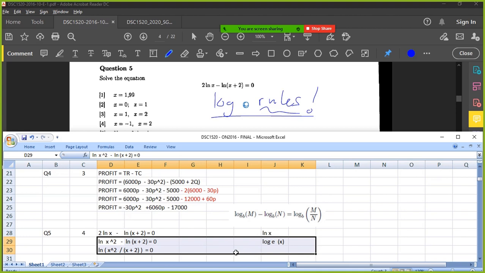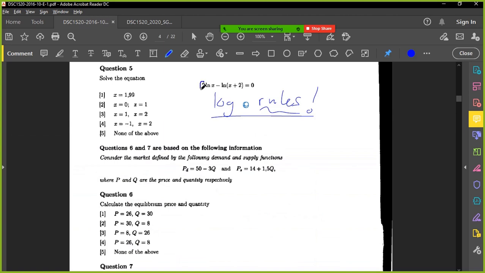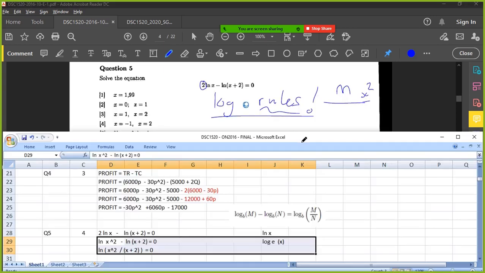So when you have that log rule, it would be x squared divided by the x plus 2. This 2 out here needs to go into the x, so it'll be x squared. Is that all right?